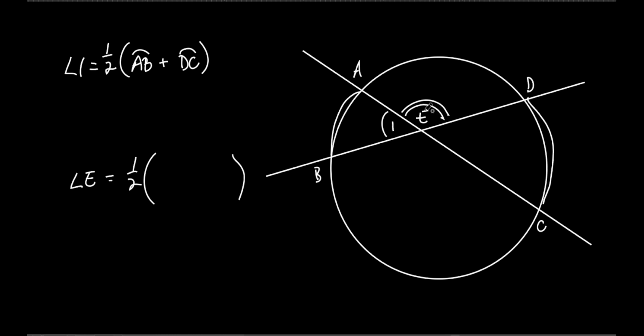What arcs does this angle right here cut off? AD and BC, right? See this arc right here and this big one right here? If I add those up and divide by 2, I get this angle right here. Everybody with me? It's saying the same thing, I'm just doing different angles. All right, good enough. Let's do an example.